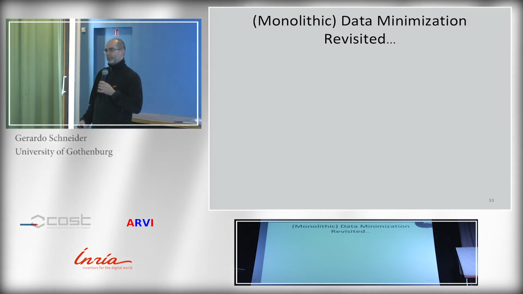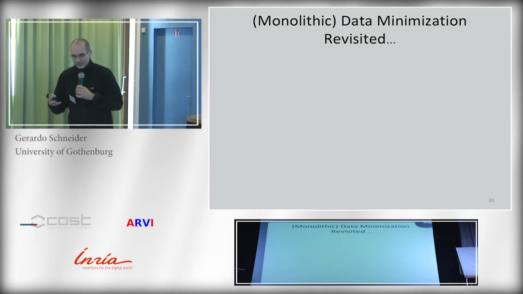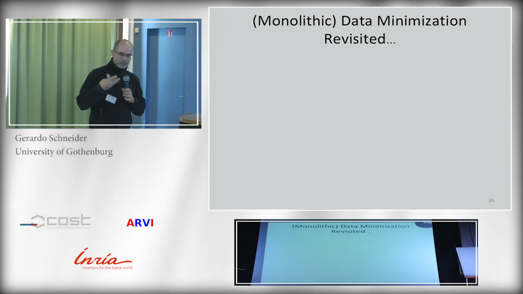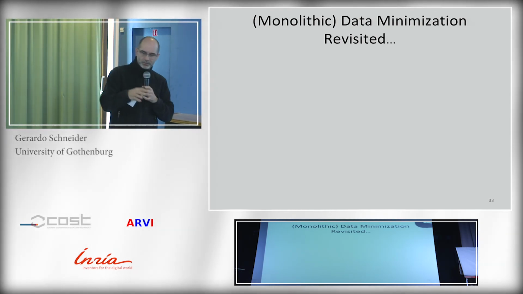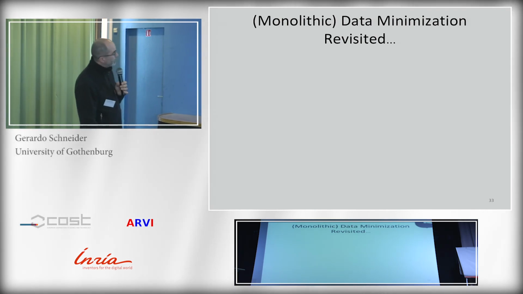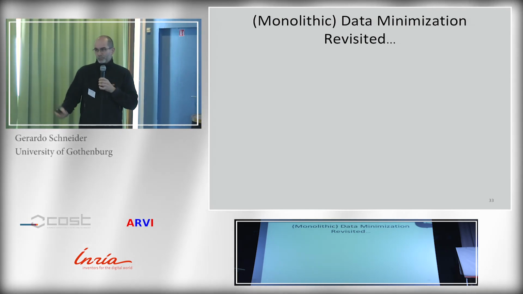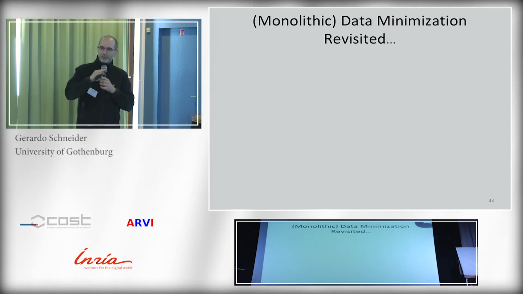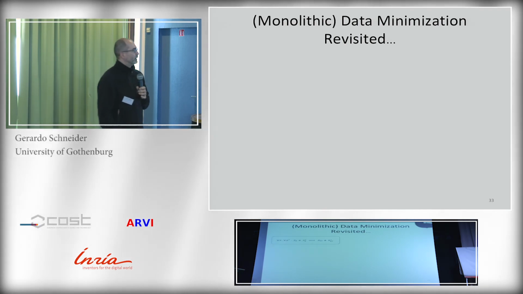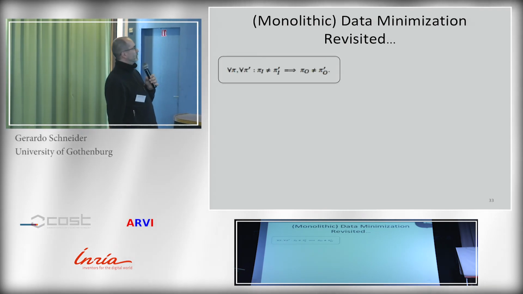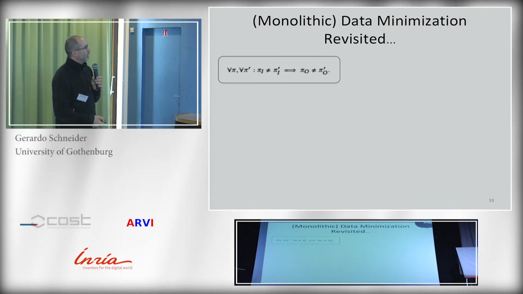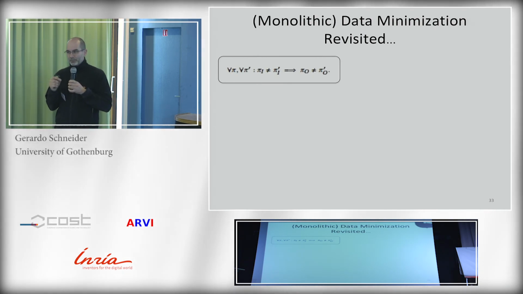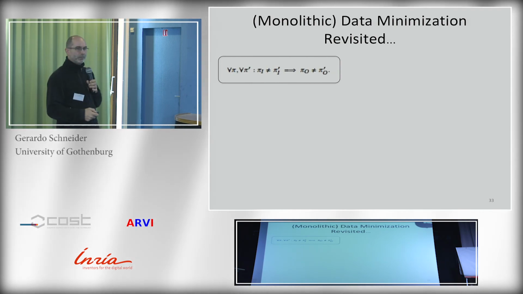How to come back and say, okay, now we have this notion of monolithic data minimization, strong and distributed minimality, and let's try to do monitoring, knowing already that the for all we cannot monitor, and the exists we can. So this is a very low resolution slide, but the idea here is that we try to express data minimization as a HyperLTL formula.